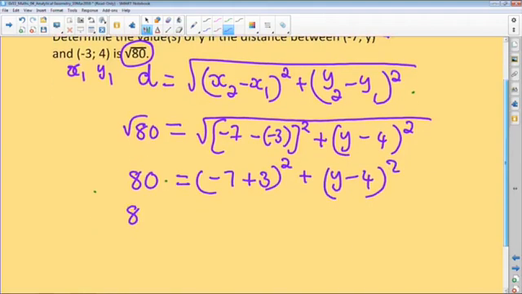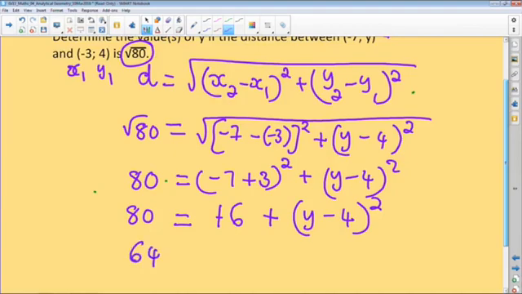This is 80 equals minus 7 plus 3, that's minus 4 all squared, that's 16, plus y minus 4 all squared.